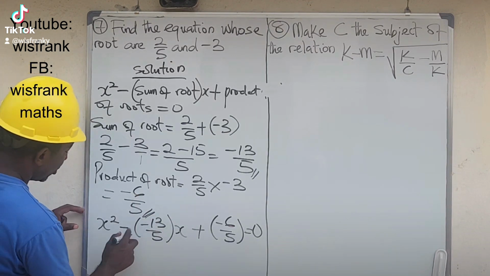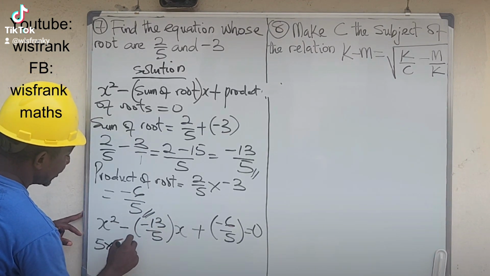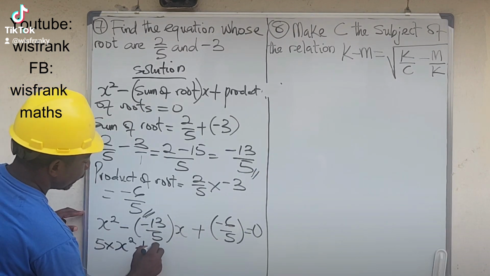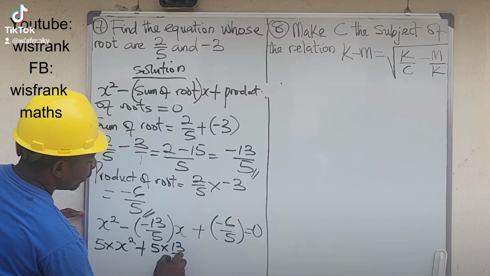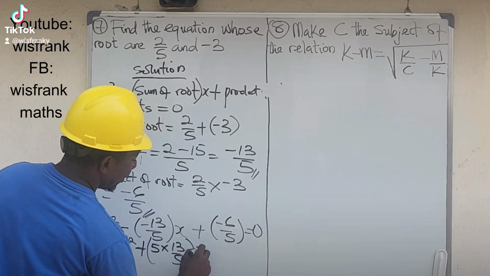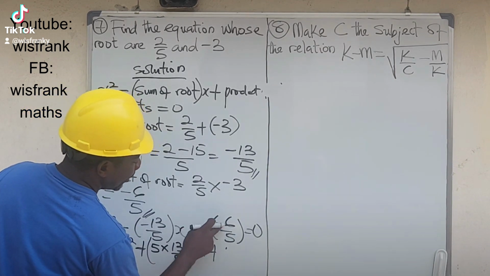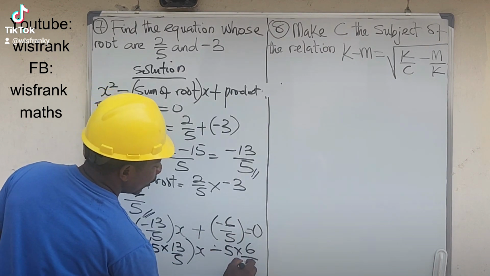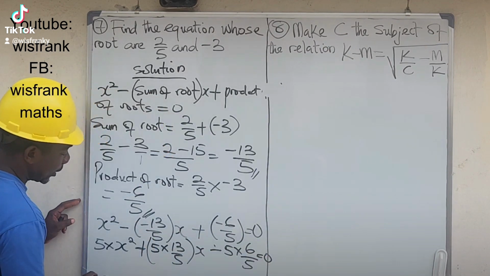So multiplying all through by 5, we have 5 times x raised to the power of 2, minus times minus will become plus 5 times 13 all over 5 x, plus times minus will become minus 5 times 6 all over 5 equals 0. So in this case, the 5s will cancel.